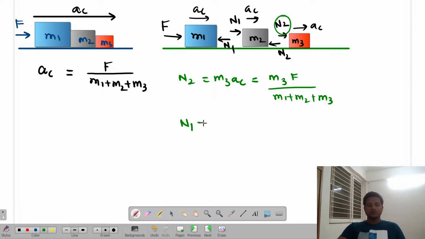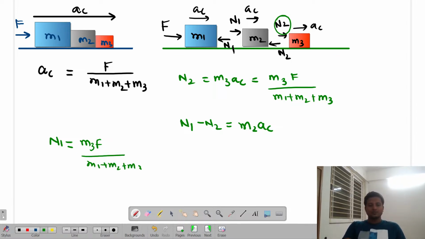So N1 minus N2 is equal to M2 into common acceleration AC. So N1 is equal to N2, which is M3 F by M1 plus M2 plus M3, plus M2 into common acceleration AC, which is F by M1 plus M2 plus M3. Are you able to get me or not?